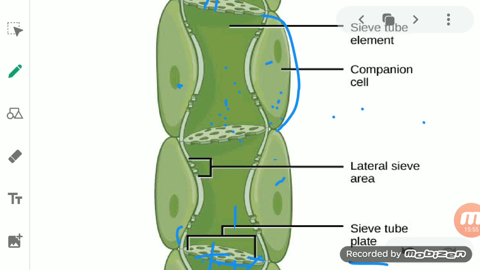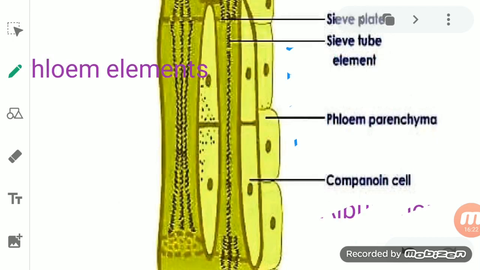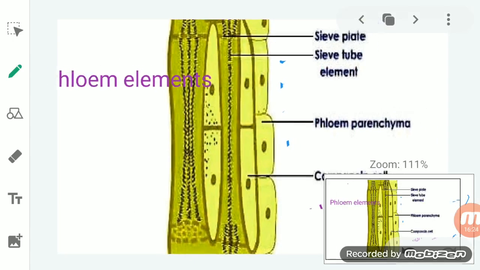Now this is the sieve tube and this one is the companion cell. Both of them are attached with the sieve tube and help the sieve tubes to perform their function, and the function of the sieve tube is transporting the food and nutrients to the different parts of the plant. Now these are the first two elements of the phloem.